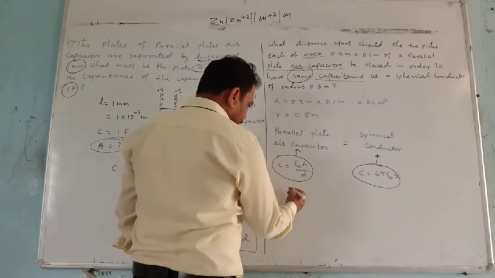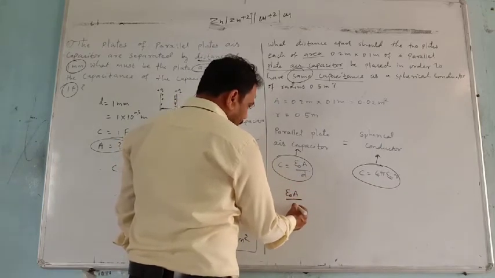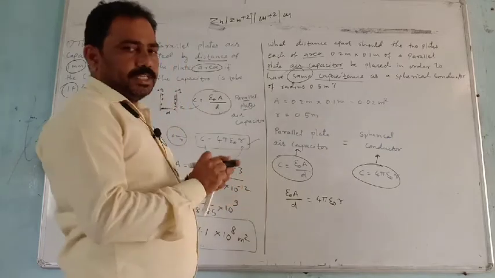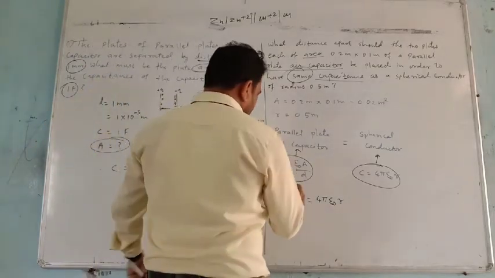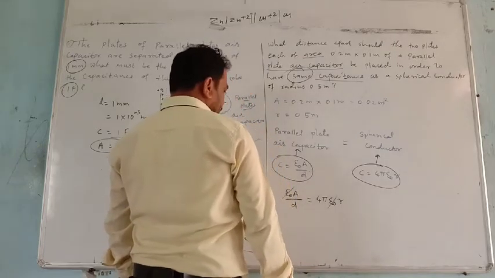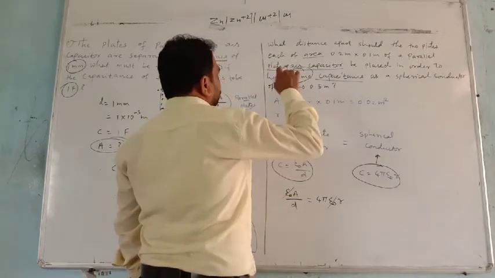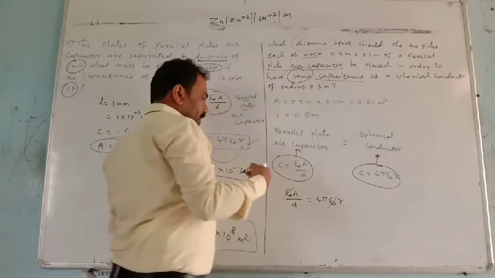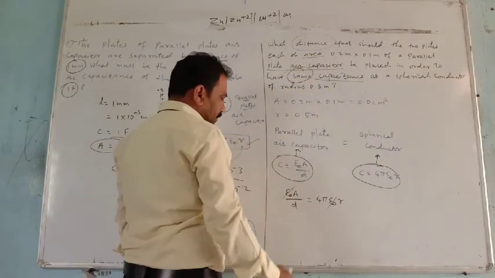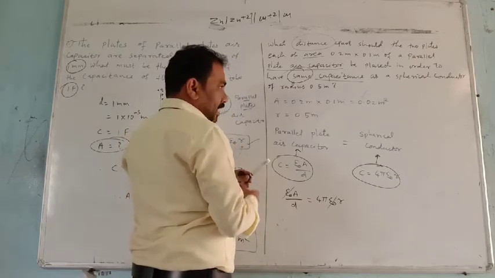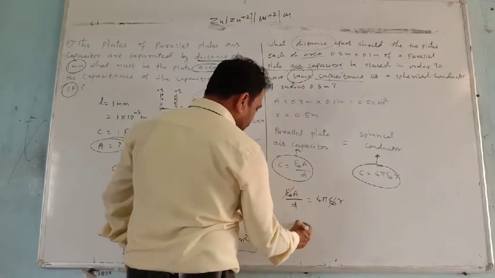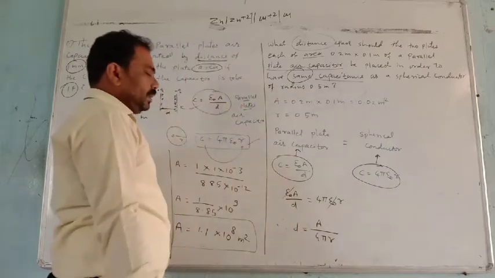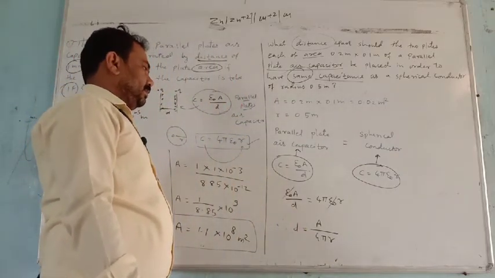After equating, we get epsilon naught A upon D is equal to 4 pi epsilon naught into R. Epsilon naught gets cancelled. What we have to find here is the distance, the value of D. So D is equal to A upon 4 pi R.